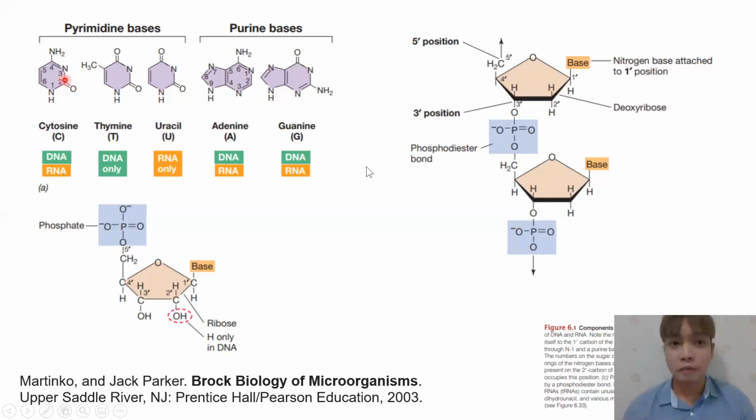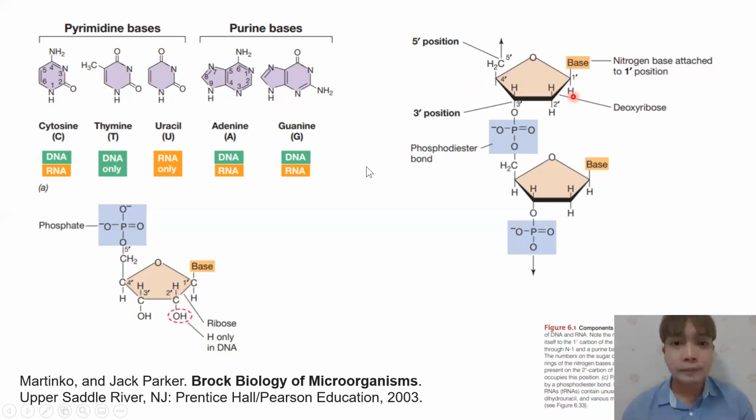So 1, 2, 3, 4, 5, 6. And number 1, we have NH. So usually, in pyrimidine, the NH here, of cytosine, thymine, and uracil, this N, is attached to carbon number 1 of our ribose.